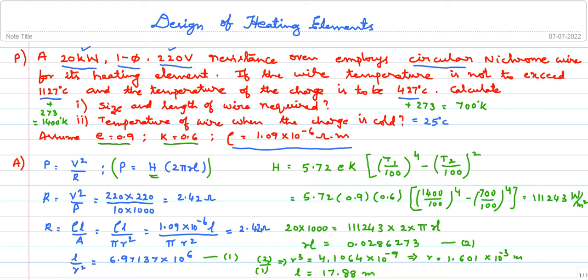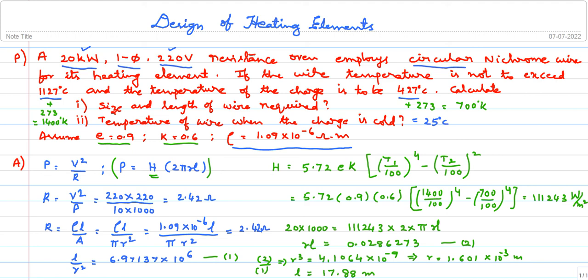Okay, very simple. We started with the two equations of power and we have equated them. The first equation of power: P is equal to V square by R. Power and voltage are available, so we first calculated R, because we take the advantage of resistance from the other equation also, that is rho L by A. So it is rho L by pi r square, as it is a circular nichrome wire.